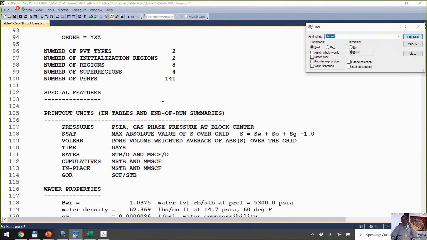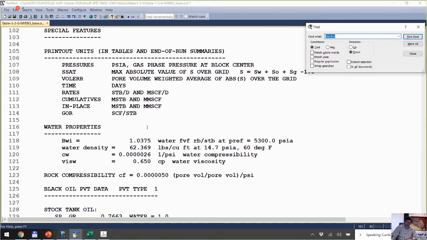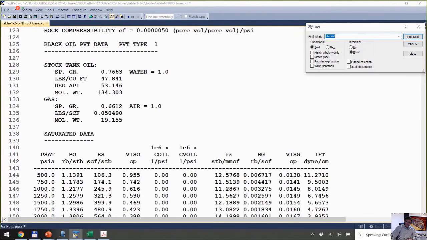There are two Blackwell tables in this file. The one is for this K1, K4 formation, and the other for the K2, K3, which has a higher H2S content and a lower methane. So let's just look at these tables.